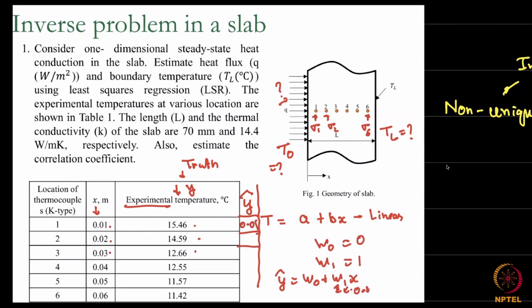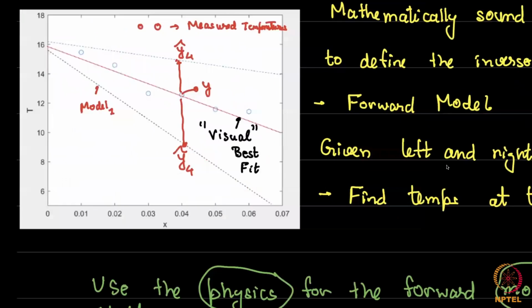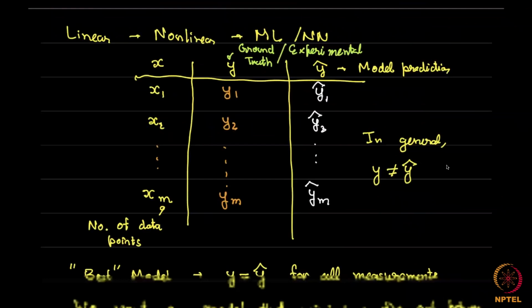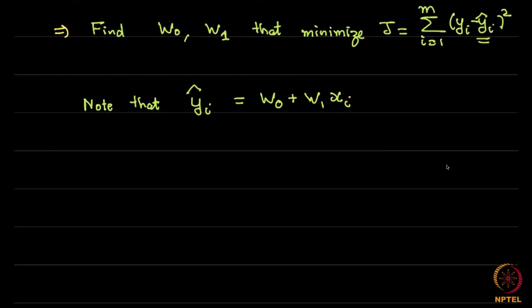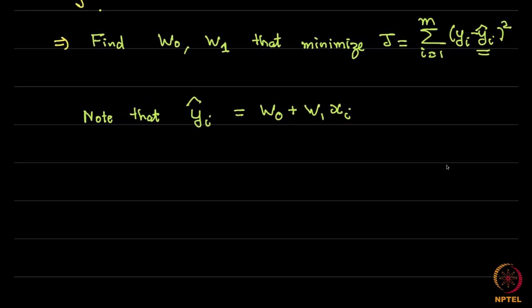If we take this model, the next ones will be 0.02, 0.03, etc. As you can see, the gap between Y and Y hat is huge. This is not a great model. But that's just to tell you how Y hat is calculated, and Y hat itself depends fully on W0 and W1. So Y hat is a function of W0 and W1. Please remember this as we go forward.